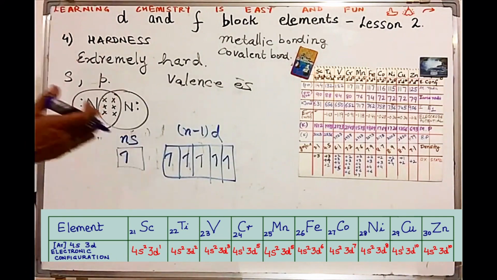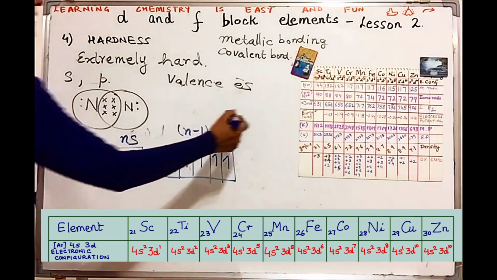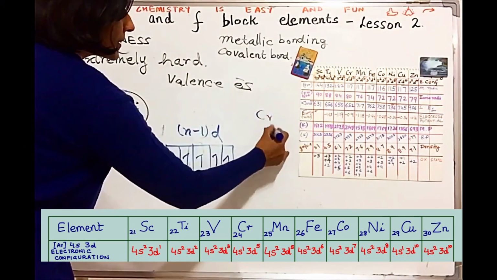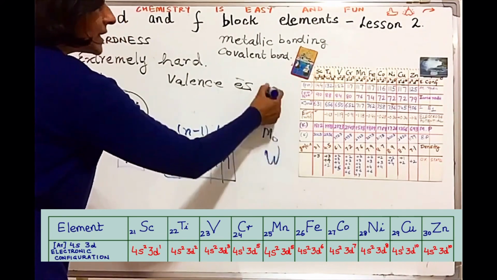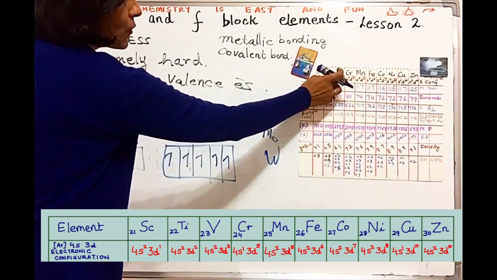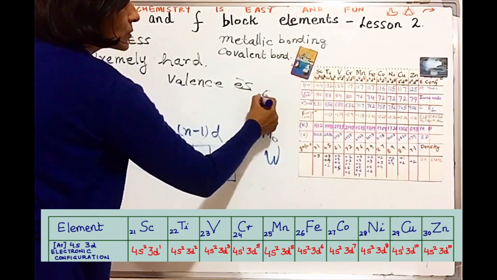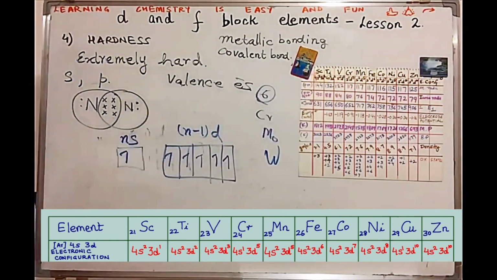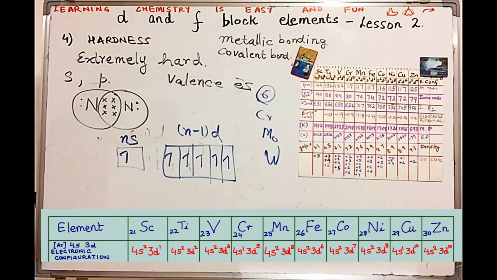Same way, if you see the elements under chromium, molybdenum, tungsten in this particular group, so we are talking about group number 3, 4, 5, 6, we are talking about group number 6. This constitutes some of the hardest metals, some of the hardest transition elements.